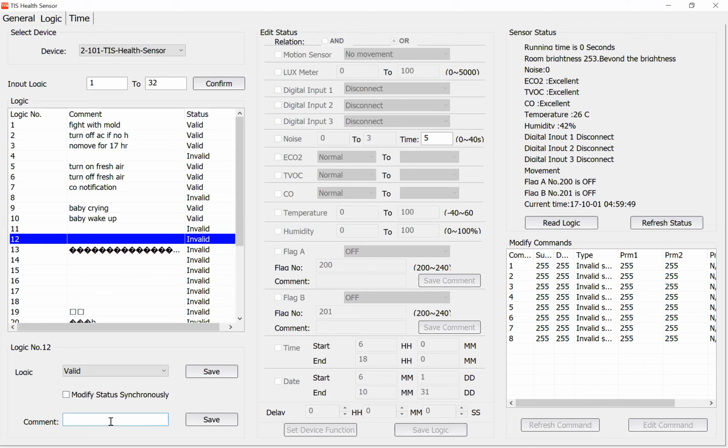Here we have the pressure sensor. And imagine that we connect the pressure sensor to digital input number 1.